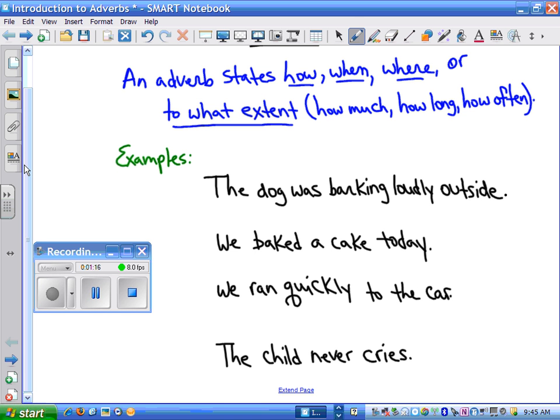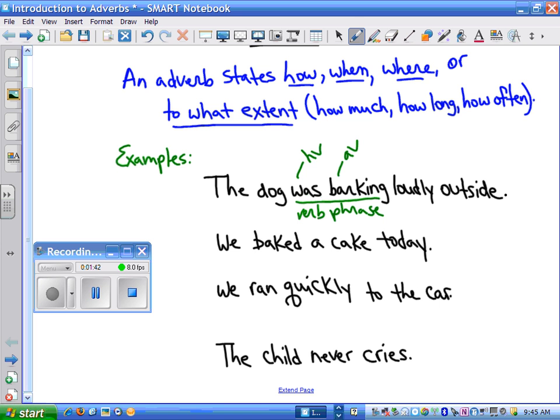Remember those? Verb phrases. So, our verb phrase in this sentence is was barking. And was, of course, is our helping verb. Barking is our action verb. So this is our verb phrase, as you know.